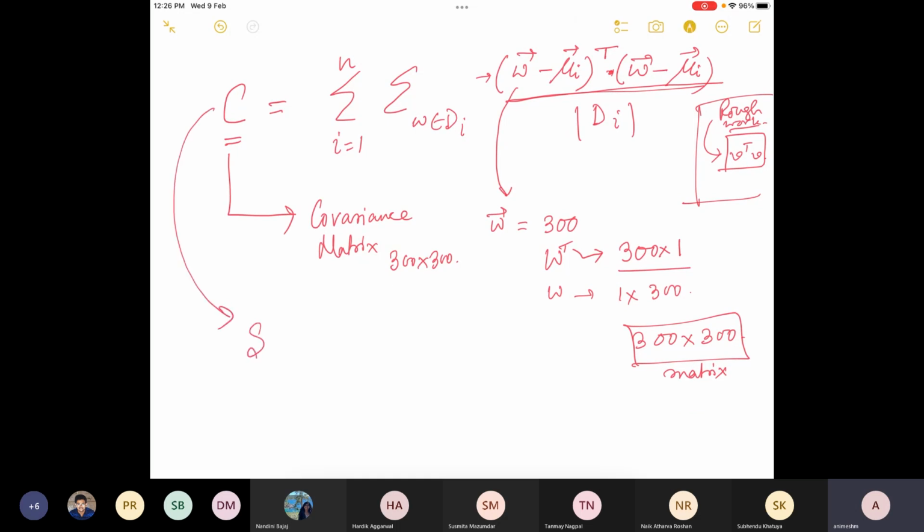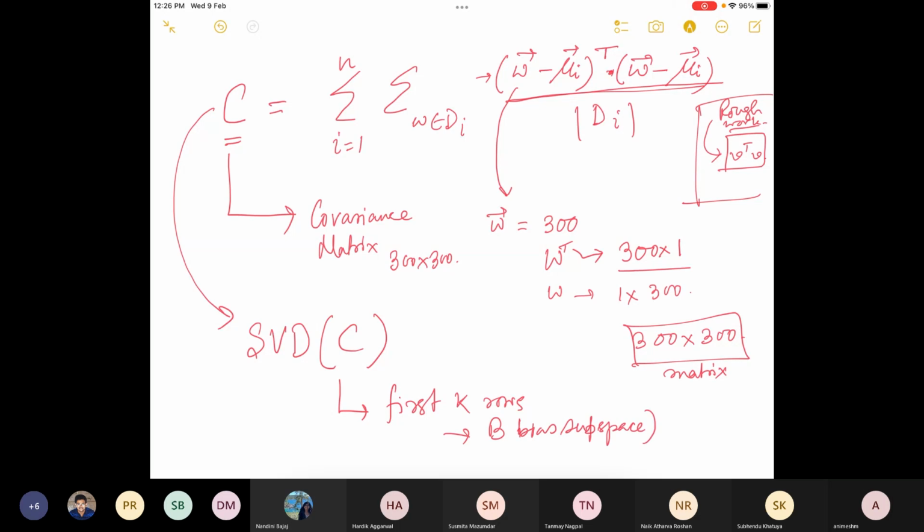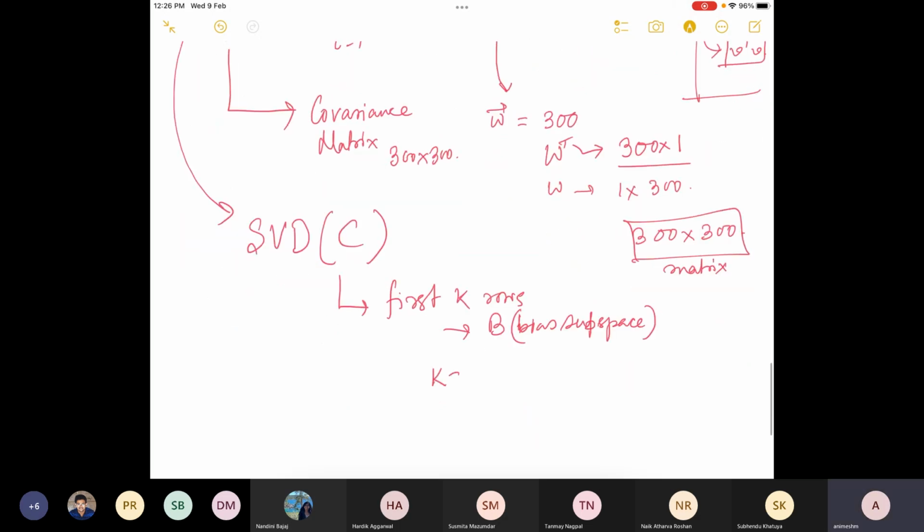From this C, we will execute a singular value decomposition of C, and the first K rows define my bias subspace B. If K is equal to 1, then B is equal to G that we had read earlier, the gender direction.